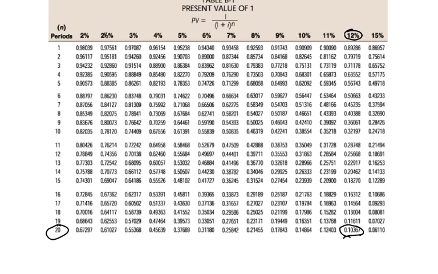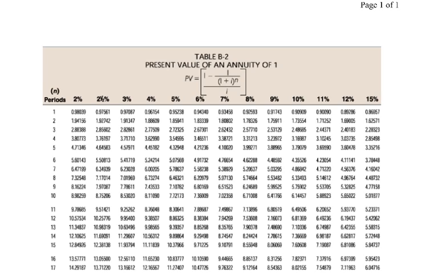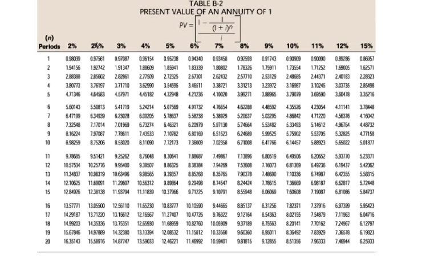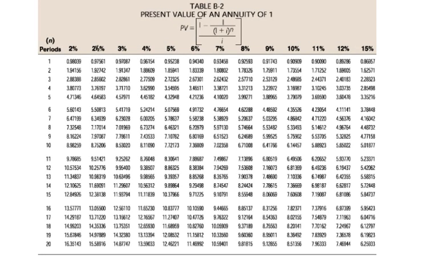We're going to go with the period. We're going to go with 5% in 20 periods. So we're going to be here, 0.37689. So when we go back, we'll multiply. If you see here, we're going to go with the 12% at 20 periods, same as with the principal.